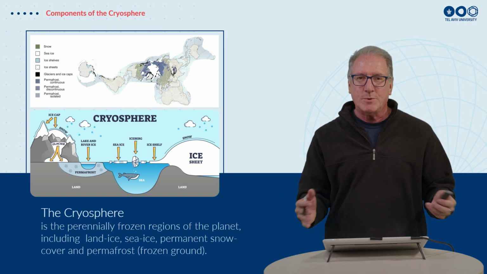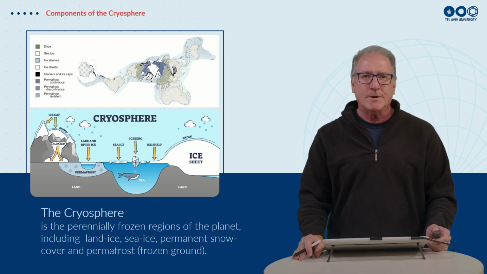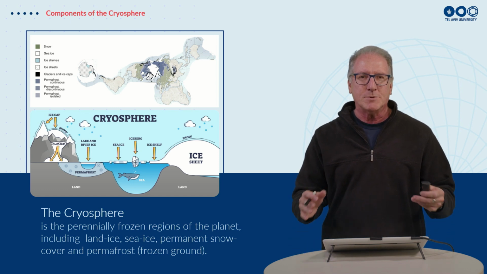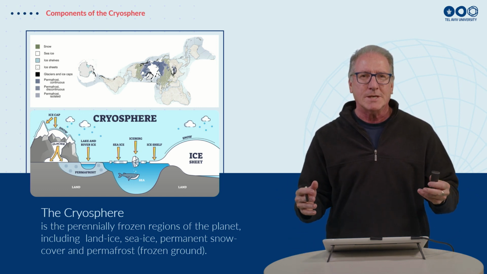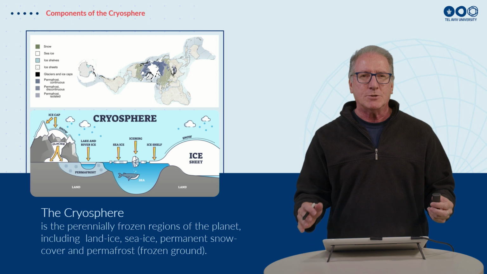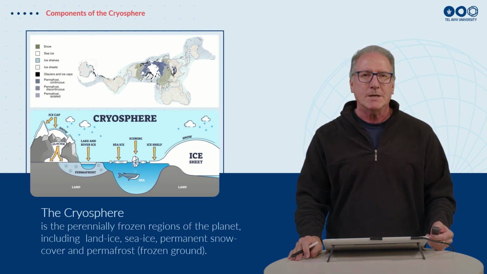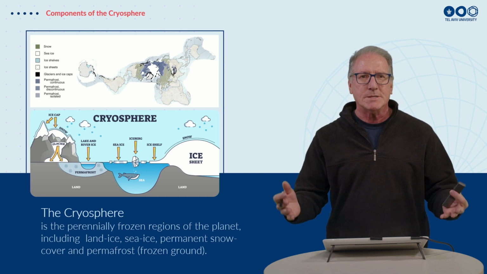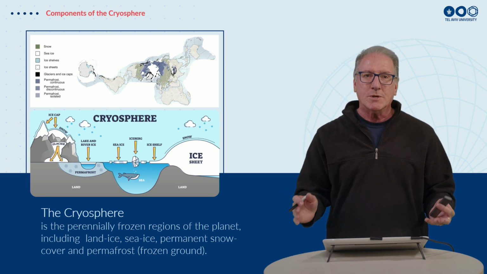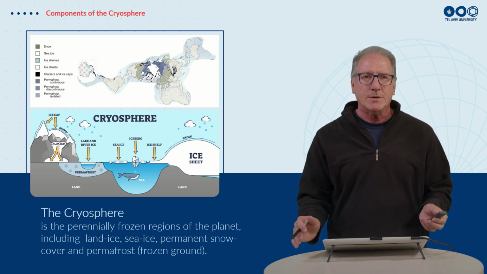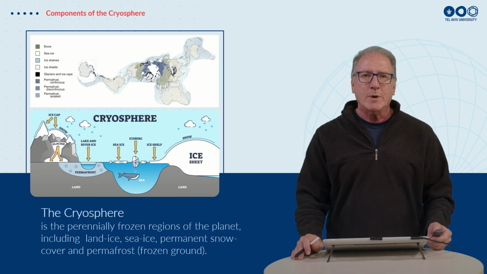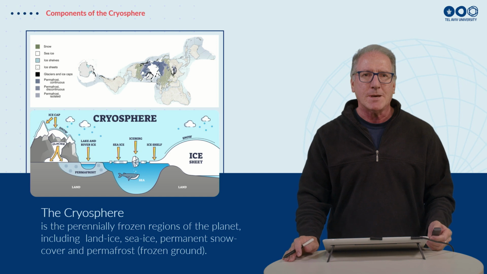Well, the cryosphere, if we start in the polar regions, we have sea ice. We have ice which is covering the oceans. We have ice covering the land. The main two ice sheets we have are in Greenland and in Antarctica. We have snow on the mountains, glaciers in the mountains, and we also have frozen ground, areas we call permafrost, where the ground is below 0 degrees throughout the year, including the summer.